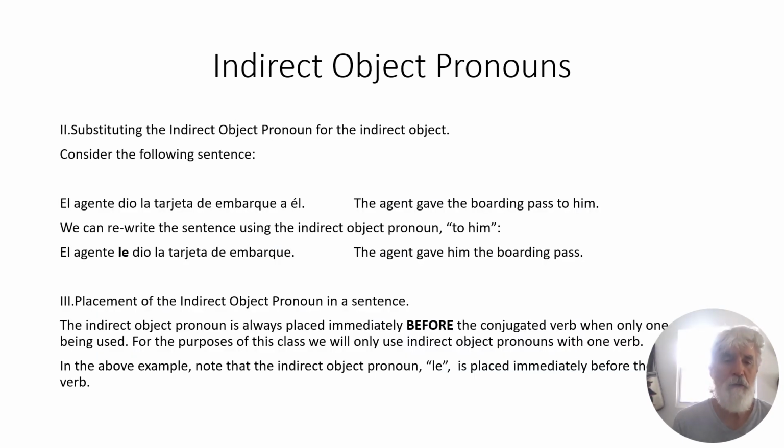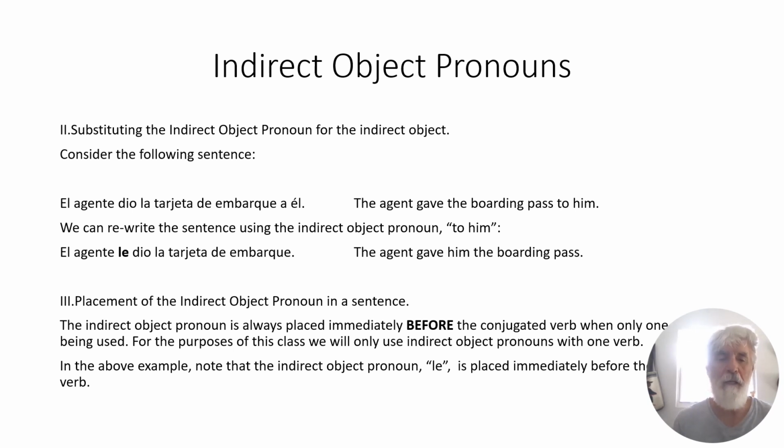Now, how do we use indirect object pronouns? Okay, we want to get rid of the indirect object, which is usually a person, and sub in usually a le or a les. All right, so let's take a look. El agente dio la tarjeta de embarque a él. So what are we saying?